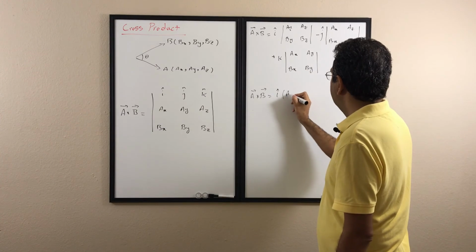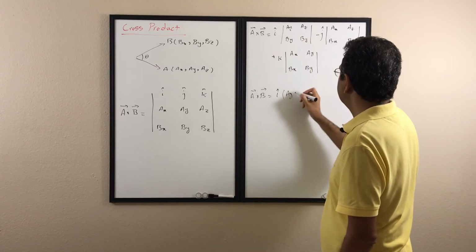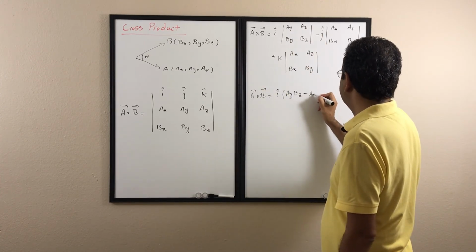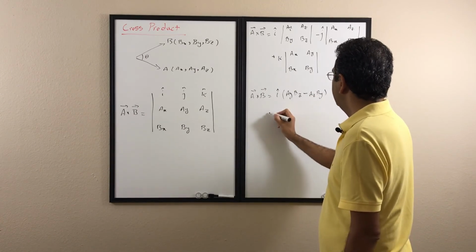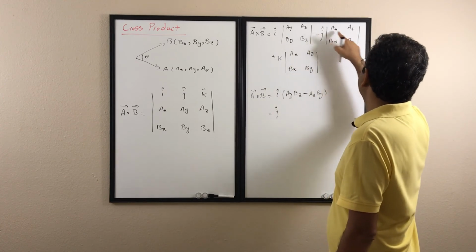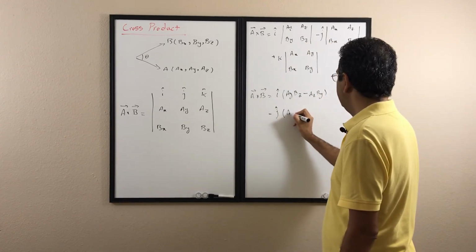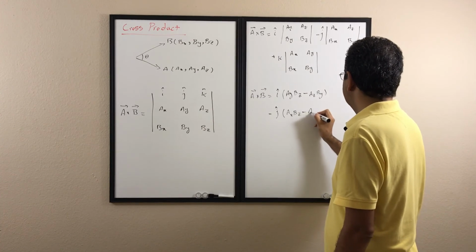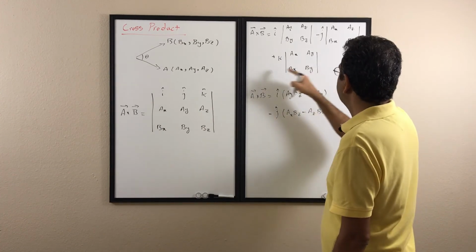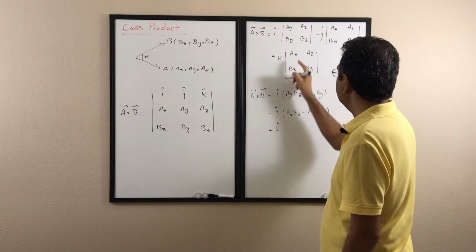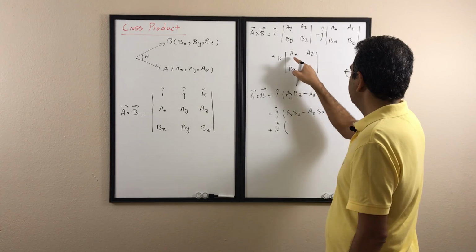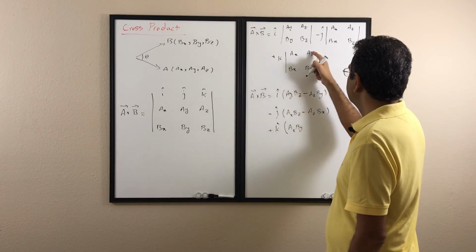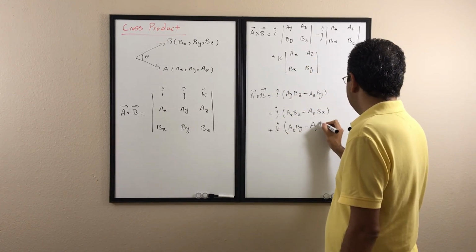So it's going to be AY BZ minus AZ BY, minus J times AX BZ minus AZ BX, and then the third one is plus K times AX BY minus AY BX.